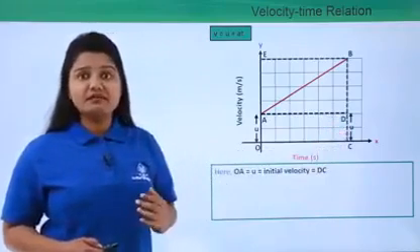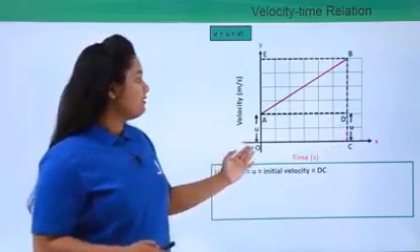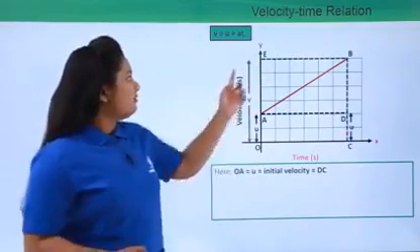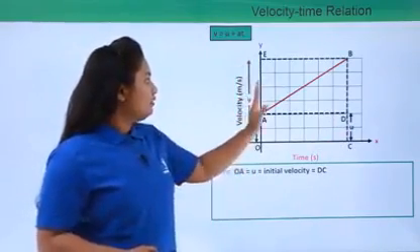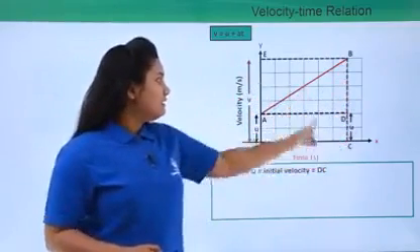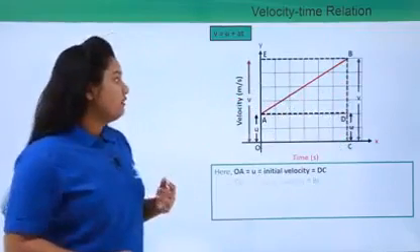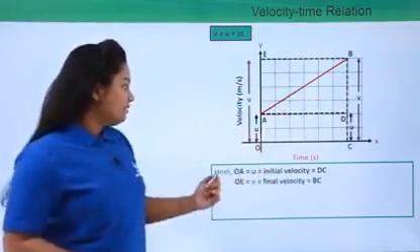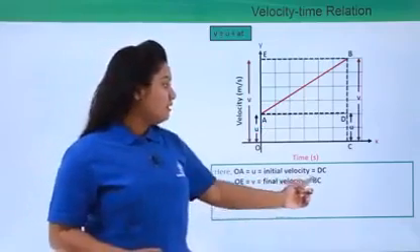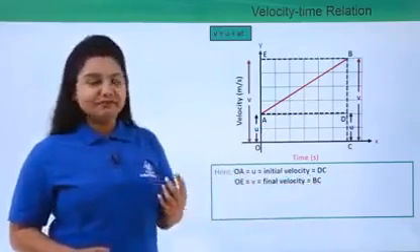Now the final velocity of the body is given by this length, that is OE. That is the final velocity of the body. And since OE equals BC, BC will also be equal to the final velocity, that is v. So OE equals v, which is the final velocity, which also equals BC.